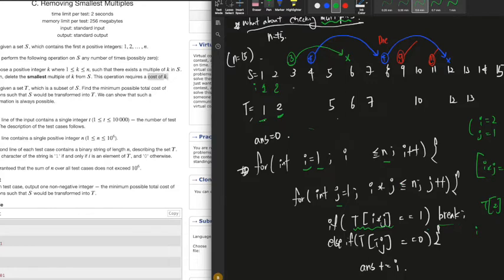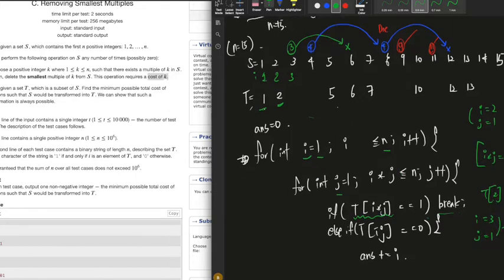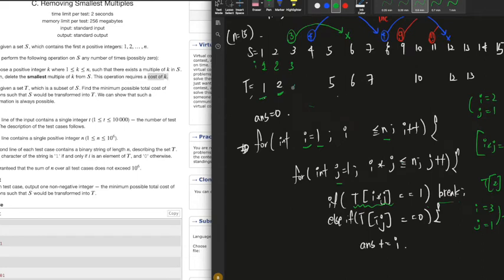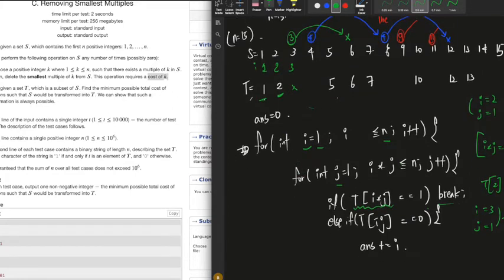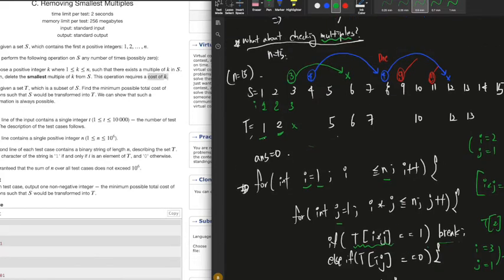Then I will be 3 and j will be 1. So we'll think about t3. Oh, we don't have 3 in the t, so we don't need to break here, and ans will be added by 3, which is the cost. So ij will be k.